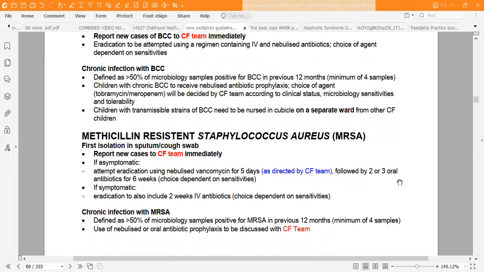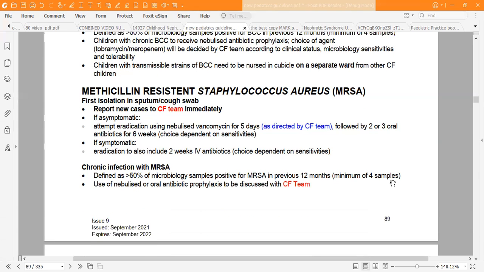If asymptomatic, attempt eradication using nebulized vancomycin for 5 days, followed by 2 or 3 oral antibiotics for 6 weeks. If symptomatic, eradication also includes 2 weeks of IV antibiotic. The choice depends on the sensitivity as well, and you have to consult the CF team.